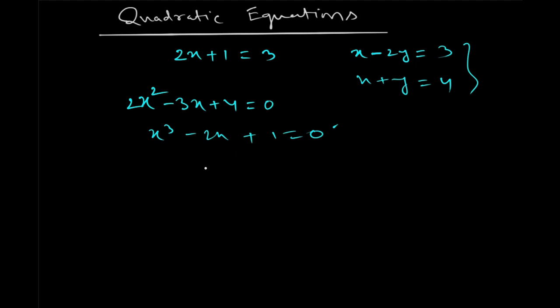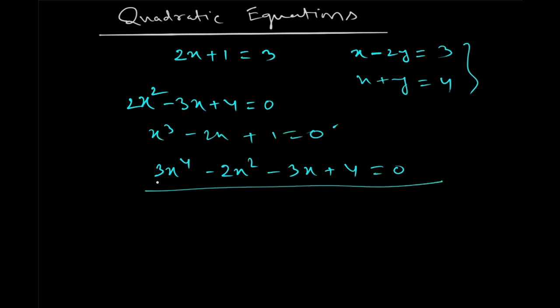And similarly, consider 3x to the fourth minus 2x square minus 3x plus 4 is equal to 0. This type of equation is called quartic because the highest power you can see is 4. The highest power alone decides the type of equation.